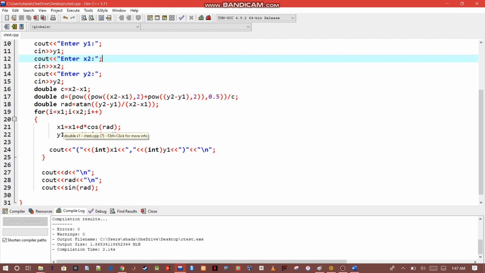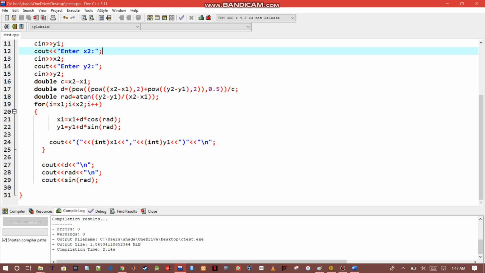We keep incrementing x1 using the translation parametric form of equations, which is x1 equals x1 plus d cos radians, and y1 equals y1 plus d sin radians. For the output, we convert the double data type into int. Now we get the final coordinates in the form of x1 and y1.